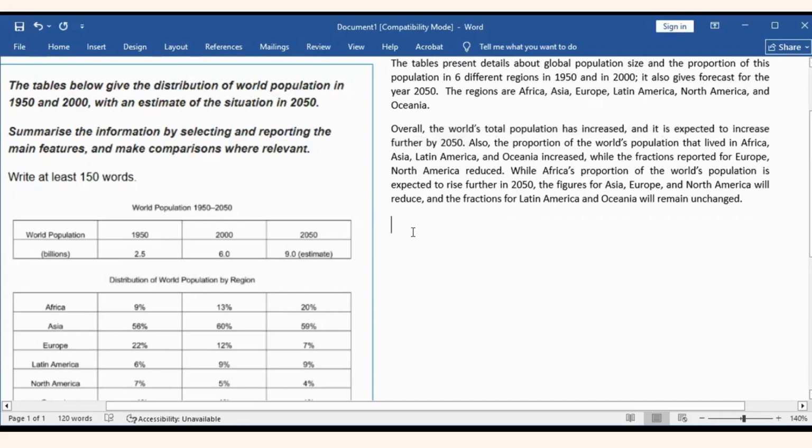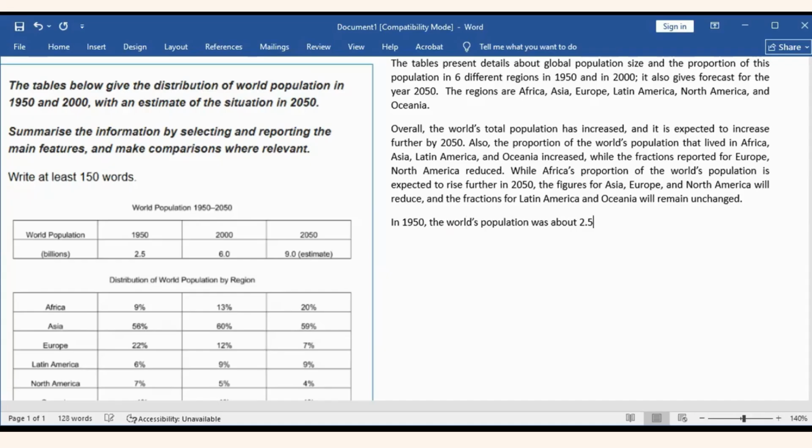In 1950, the world's total population was about 2.5 billion. It rose to 6.0 billion in 2000.